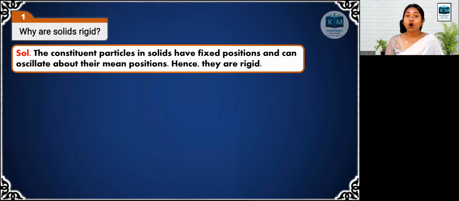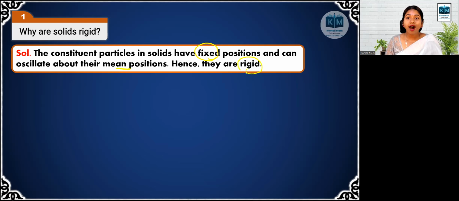Why are solids rigid? The constituent particles in solids have fixed positions. Means if you see this pen, it is rigid. It can't move from its place. The particle positions are fixed. They can only oscillate about their mean positions.